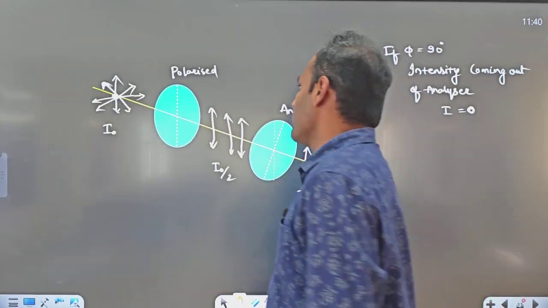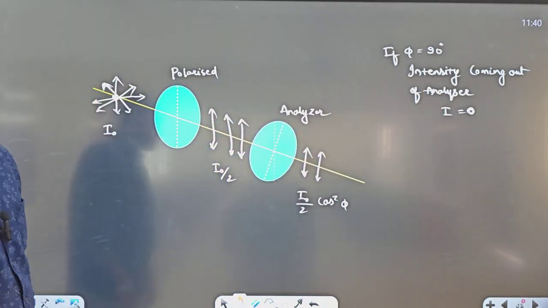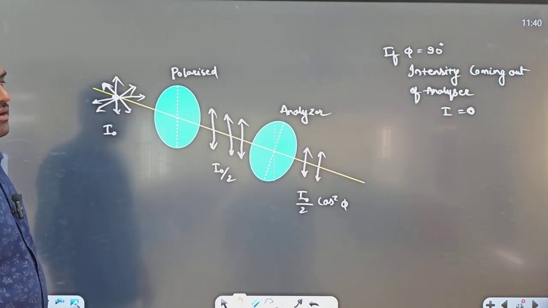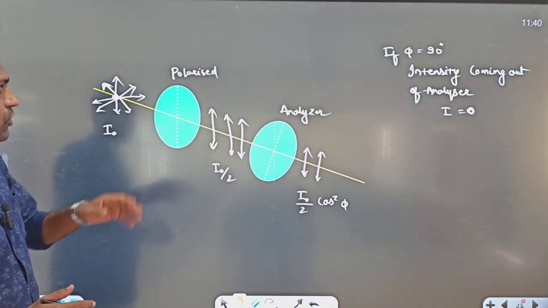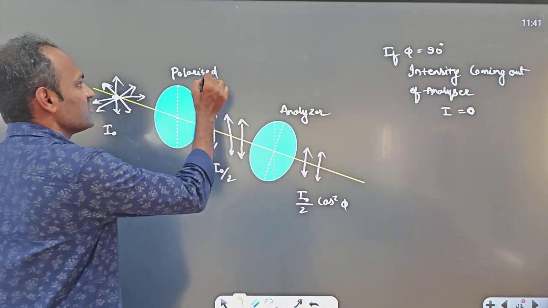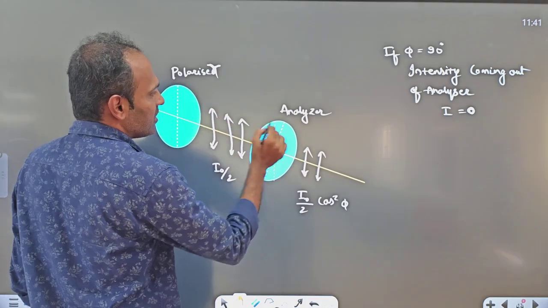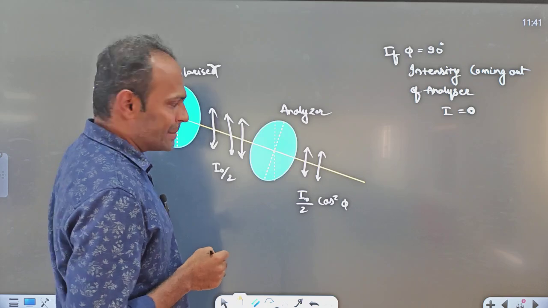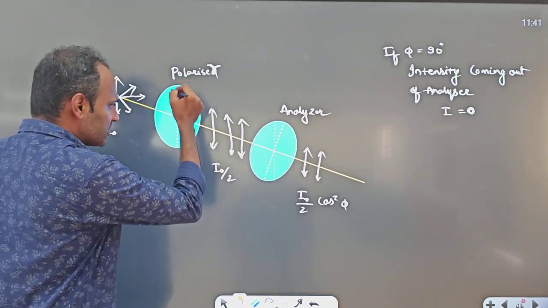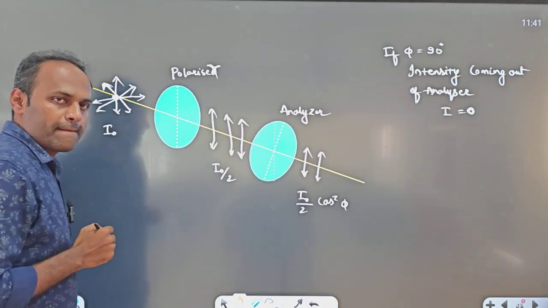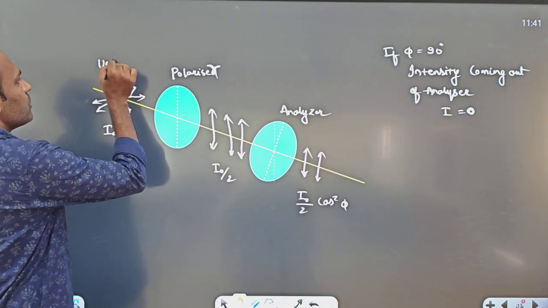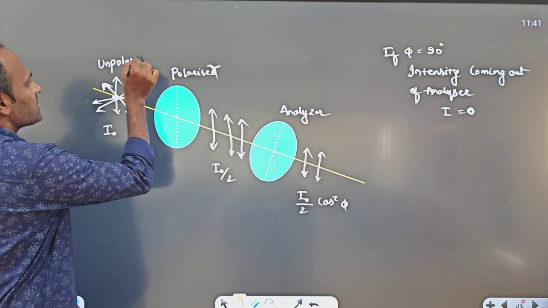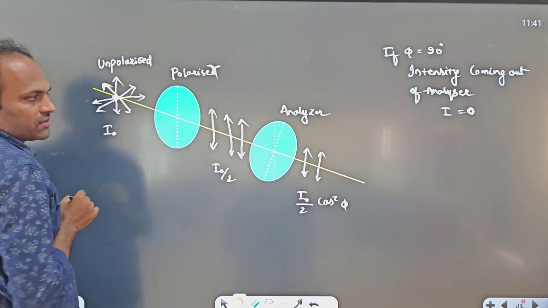Okay, next, see here we know this very well, we are using two polarizers here. One is called the polarizer, this is the polarizer, we are naming this as polarizer. The second one is the analyzer. Both will have a characteristic called the axis, correct? Now what do we do, this is unpolarized light, so we are passing unpolarized light through the polarizer.